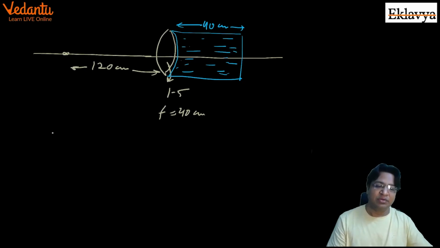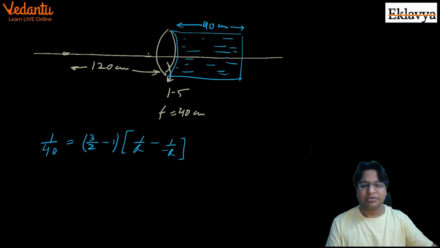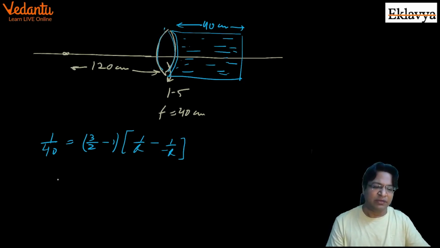All right, so we are going to write 1 upon 40 is equals to 3 by 2, that is 1.5 minus 1, and then 1 upon r minus 1 upon minus r. All right, so the radius of curvature of this surface would be r, and for this surface it would be minus r. So solving this, we get the value of r as 40 centimeter.